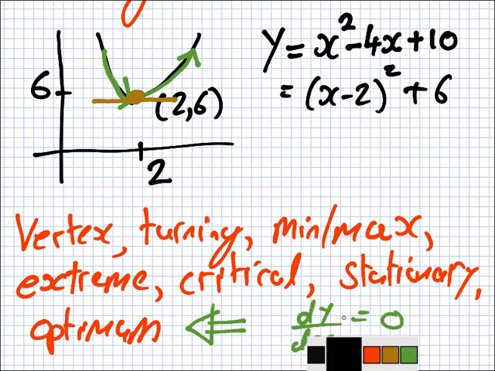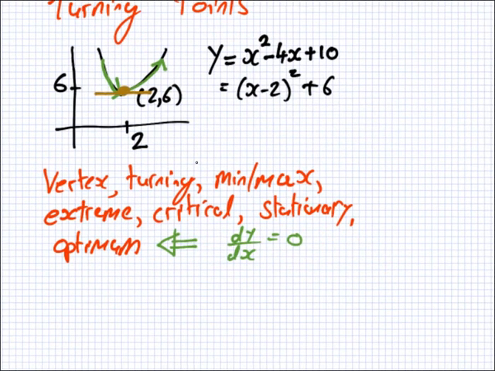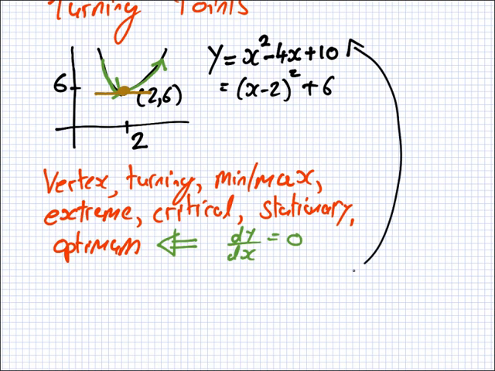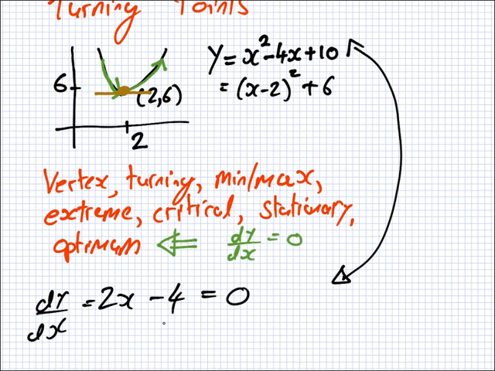Now, to prove that this works, let's take this example. So what is dy dx here? 2x minus 4. And I need to know, where is this going to be 0? Derivative of this. This is what we did in the last lesson. So I get 2x equals 4, so x equals 2.